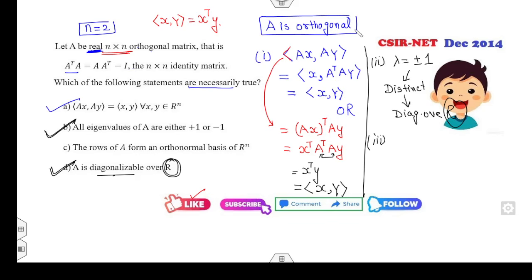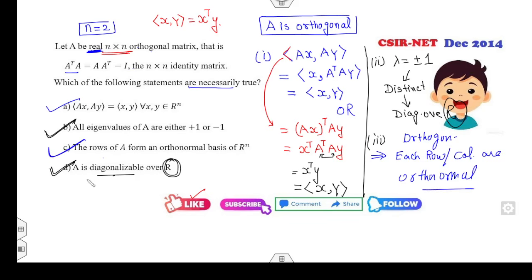Look at the third. Because your matrix is orthogonal, that means each row, or you can say each column, is orthonormal. So each row of A is orthonormal. All are correct answers of the problem.